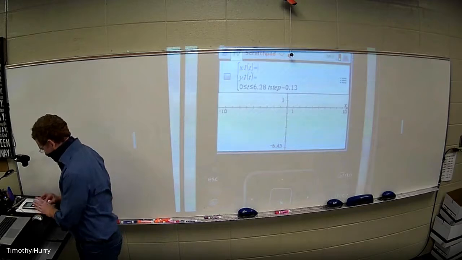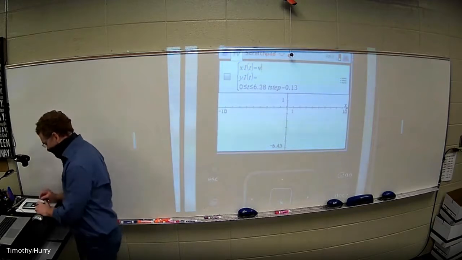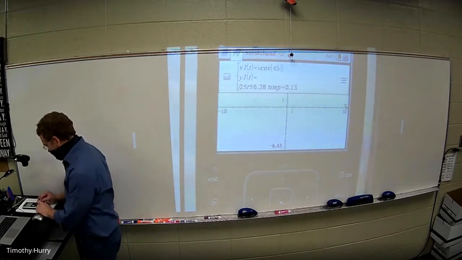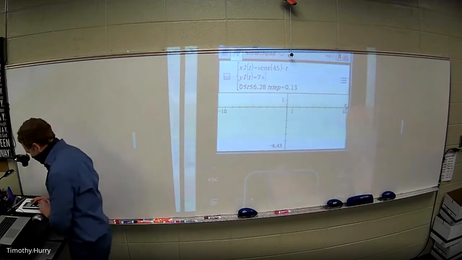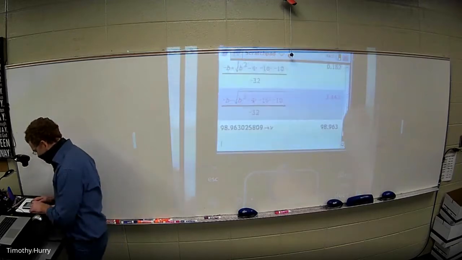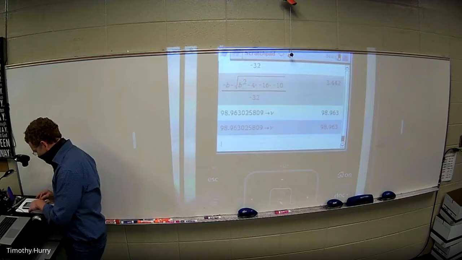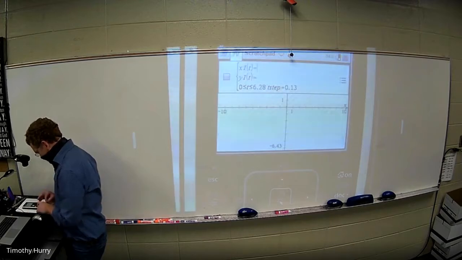Okay, so I'm going back and I'm going to go to my graph and type this in. So V times the trig cosine of 45, go outside the parentheses, times little t. And then Y was 7 plus, oh man, I got rid of my V. Try it again.